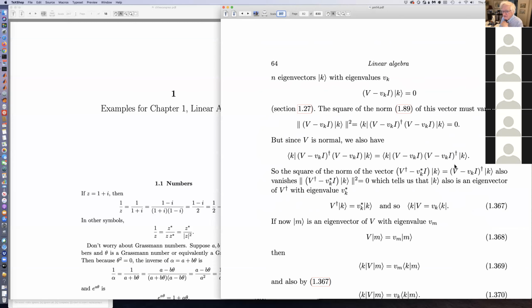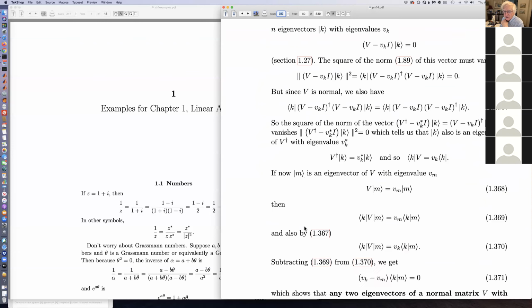And this vector, when the adjoint acts on the two terms, you get a V dagger and a v star, and its norm vanishes. What that tells us is that k is an eigenvector of V dagger with eigenvalue v star. And if you take the adjoint of that, you have kV is vk.